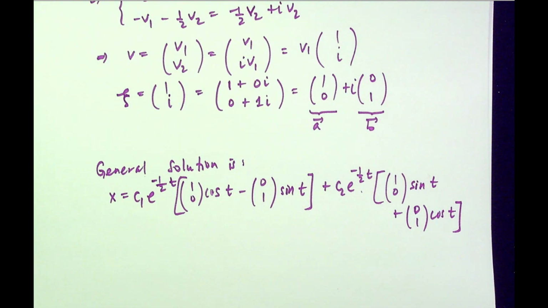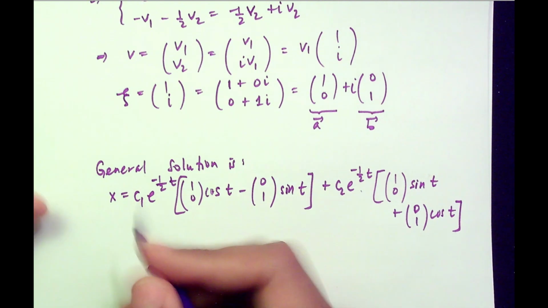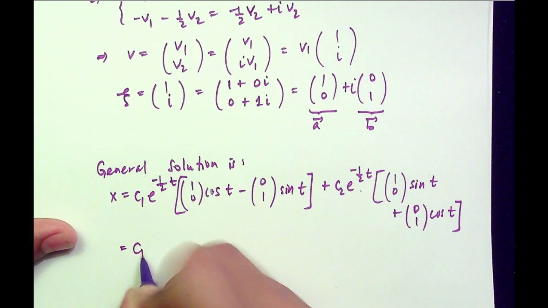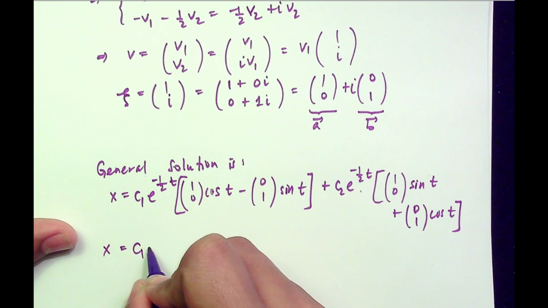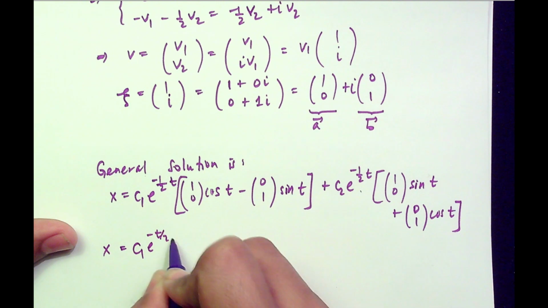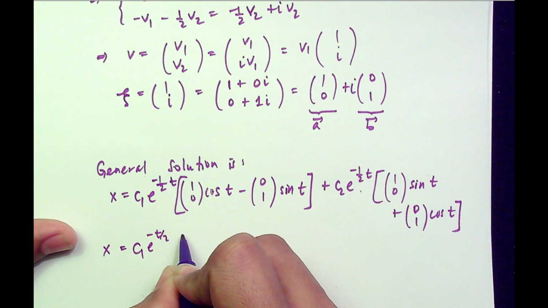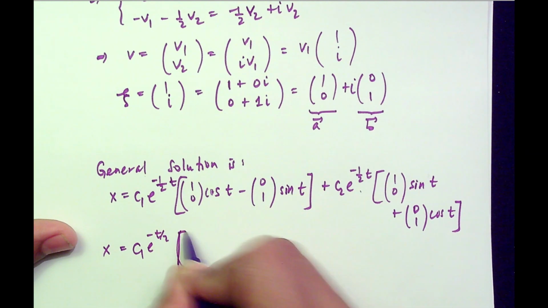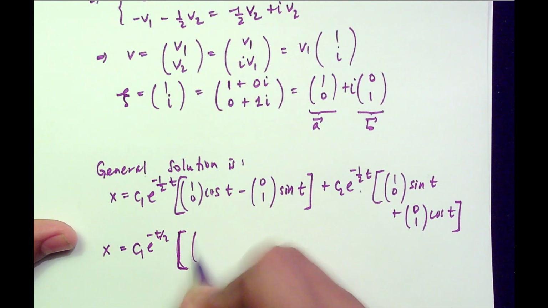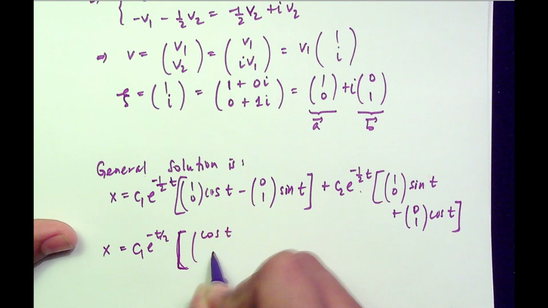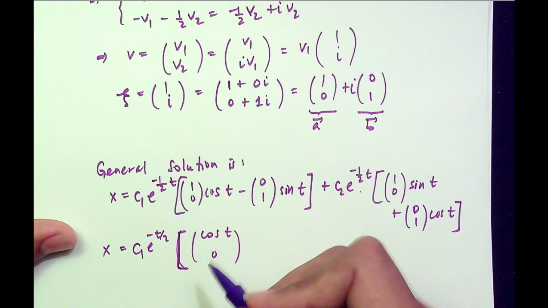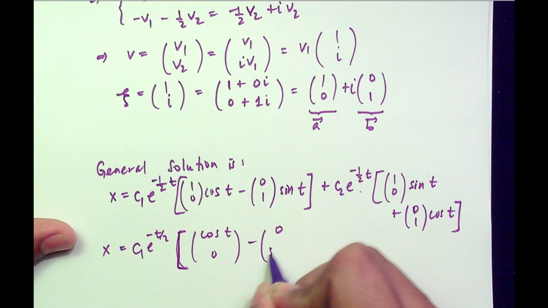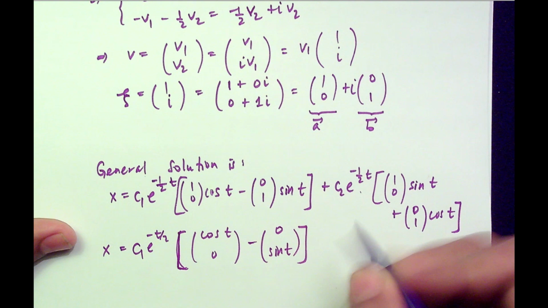Now, you could leave it like that, but you could also simplify it further and say this is going to be C1 e to the negative t over 2. And then you can simplify that. That would be (cosine of t, 0), by just distributing the cosine, minus, and distributing the sine, (0, sine of t).